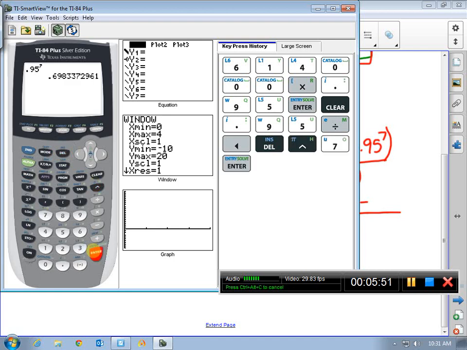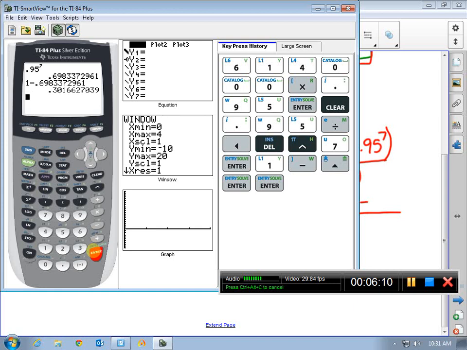So all I've answered is that little thing, and the calculator is going to keep track of it for me. Then I'm going to do 1 minus that. Right? That's what's in my parentheses.